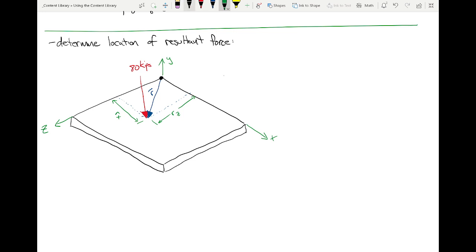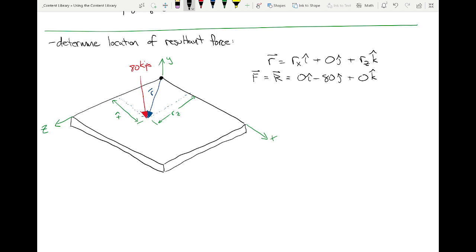So I propose that my position vector would be Rx times I plus 0j plus Rzk. Is everybody okay with that? And then my force vector, in this case, is going to be the resultant, which was just 80 kips going down. So 0I minus 80j plus 0k.